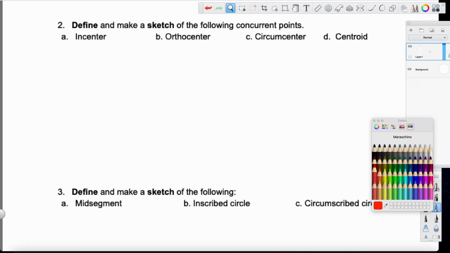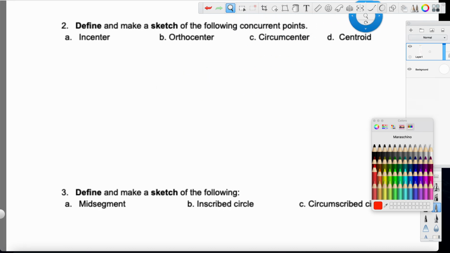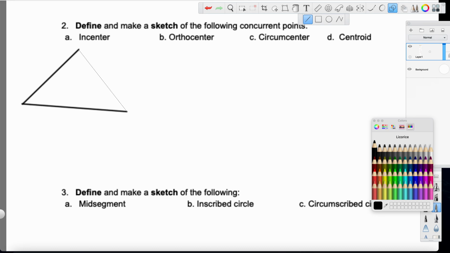Okay, so define and make a sketch of the following concurrent points. So concurrent points are where three or more lines intersect. So let's just make some triangles here.